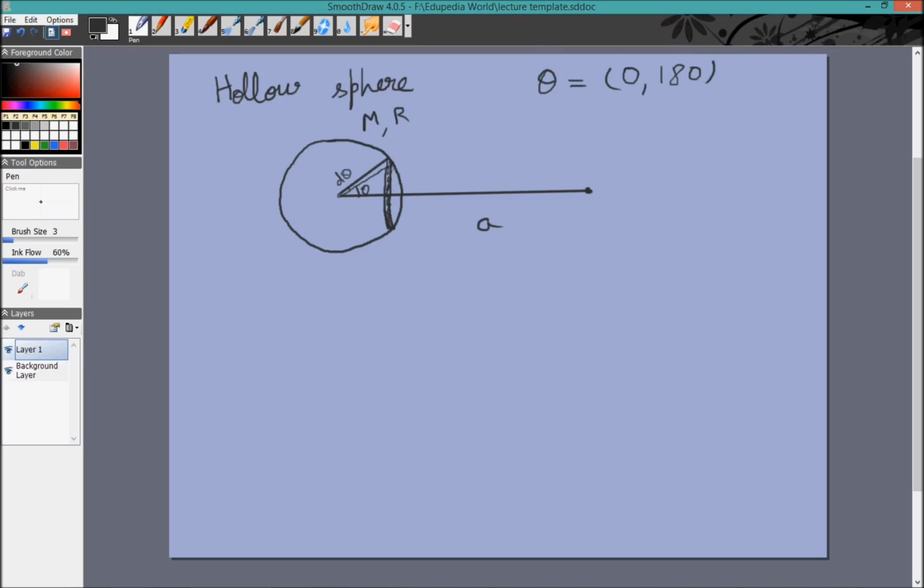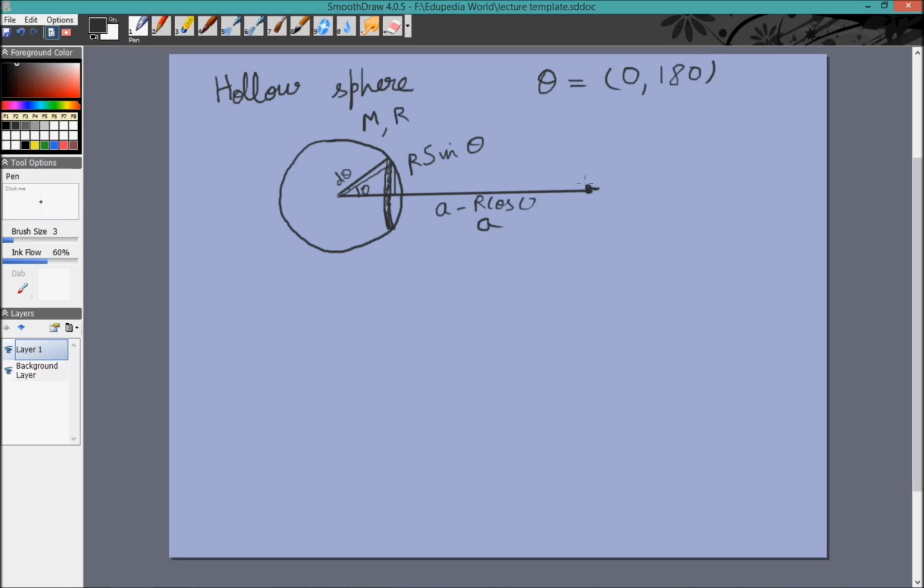Now I need to calculate the gravitational field at this point due to this ring. The radius of this ring will be r sine theta, and this distance will be a minus r cos theta, because this is r cos theta. So now I know the gravitational field due to this ring at this point.